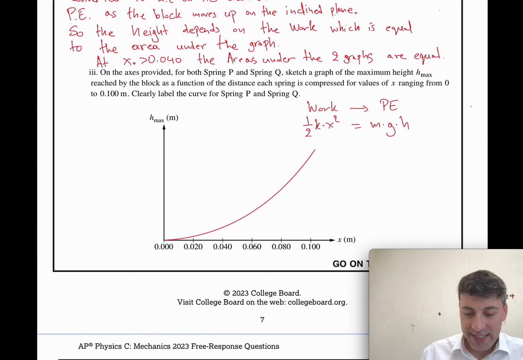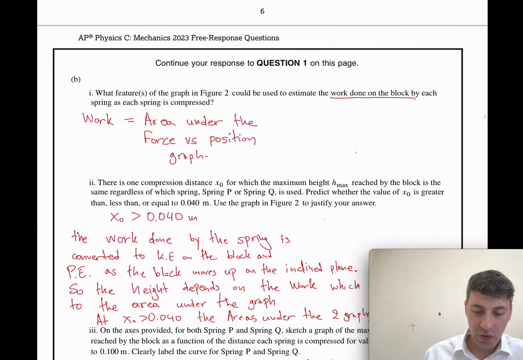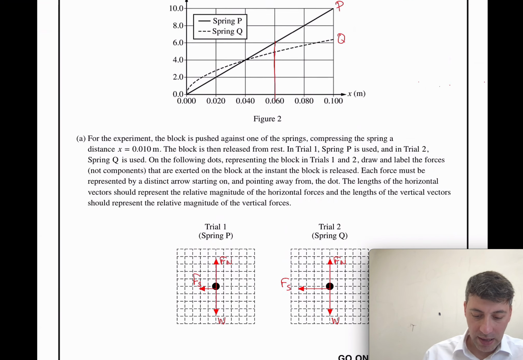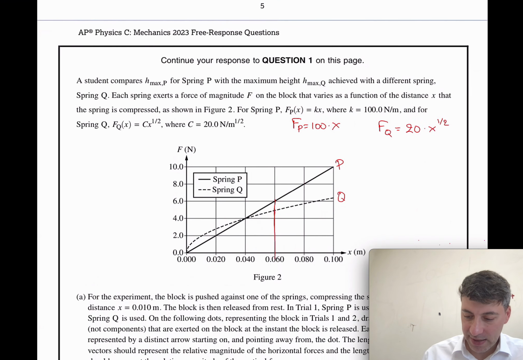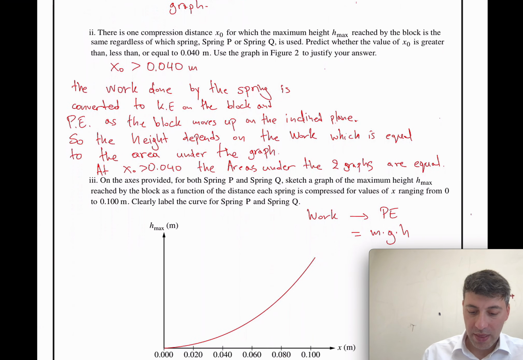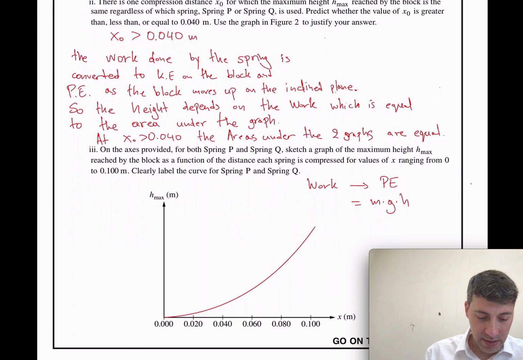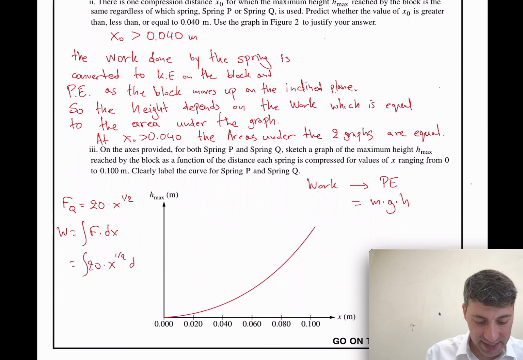Now, for the second spring, the non-linear spring Q, the force by the spring is 20 times x to the power of 1 over 2. So the work will be the integral of force times dx, so the integral of 20 times x to the power of 1 over 2 dx.